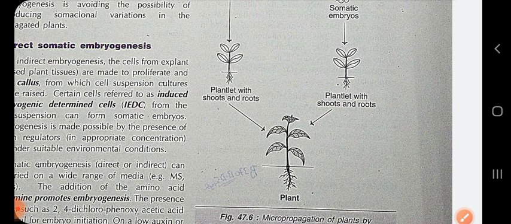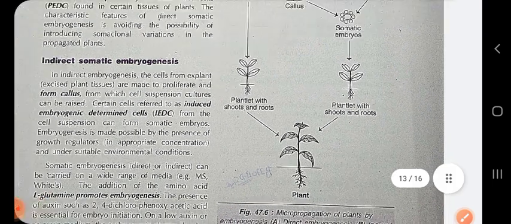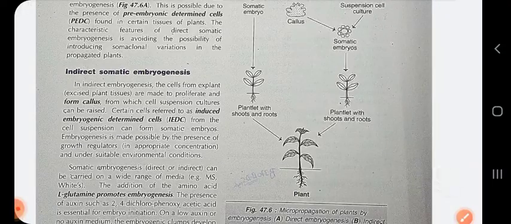Well, simply we can go in many ways, like we can produce artificial seeds. We can produce artificial seeds from the somatic embryos by encapsulation of the somatic embryos. Embryos are coated with sodium alginate and the nutrient solution, and dipped in calcium chloride solution.